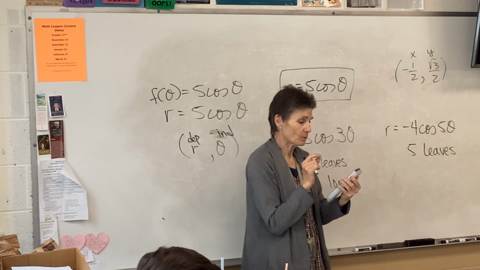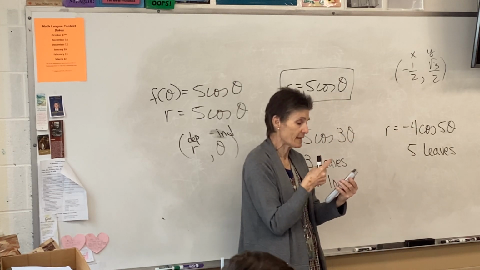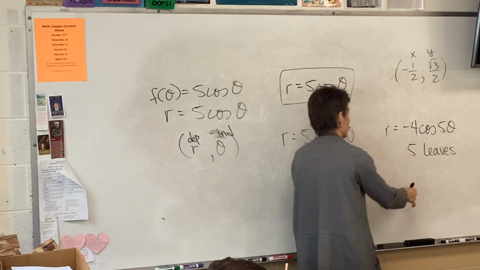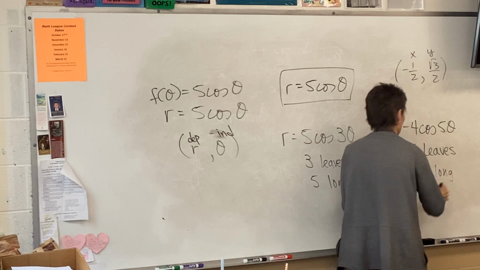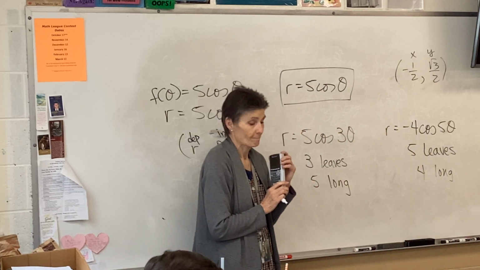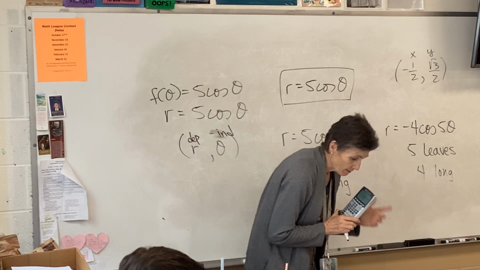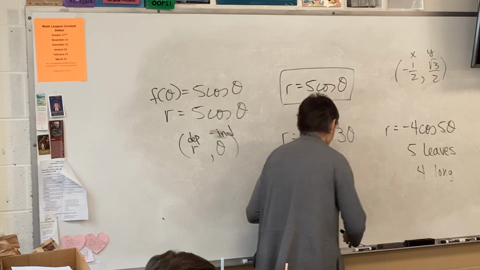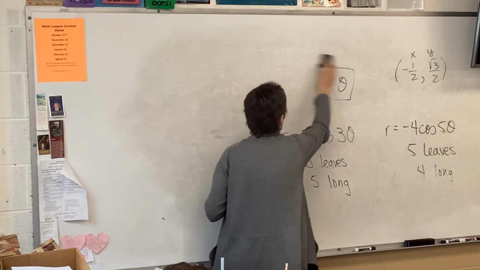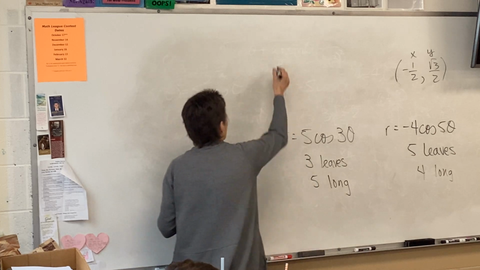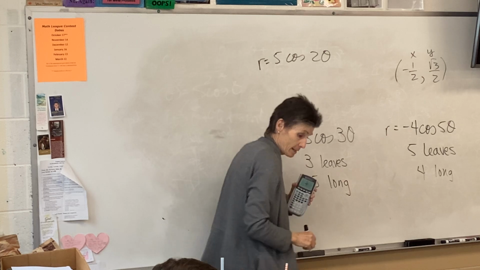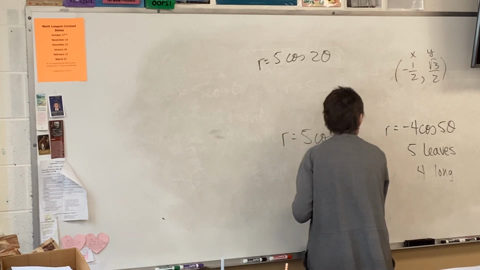And again, if you look at the one on the negative x-axis, it's over 4, so they are 4 long. Next, 5 cosine 2 theta. And 3 cosine 4 theta.